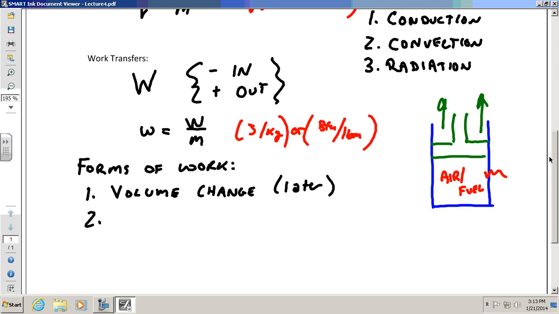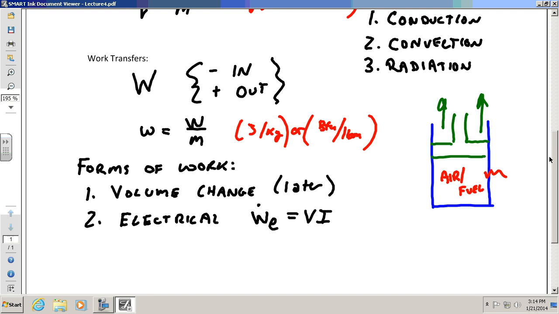Second form, electrical. All you need to know with that one is that the work electrical is equal to the voltage times the current, VI. Hopefully you know that from your physics. Electrical power, now that's W dot. Remember when I put a dot over it, it means per time.